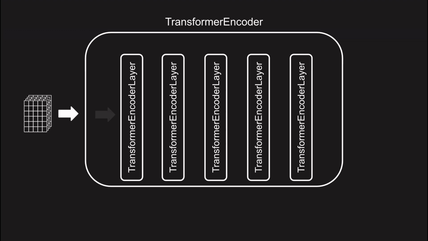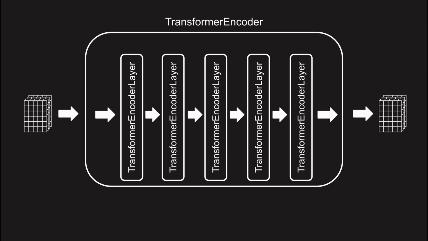Our inputs are sequentially passed through these transformer encoder layers. Obviously, if you have more layers, your encoder is more complex. If you have fewer, you have less complexity. So this is one way of adding complexity to your encoder model.